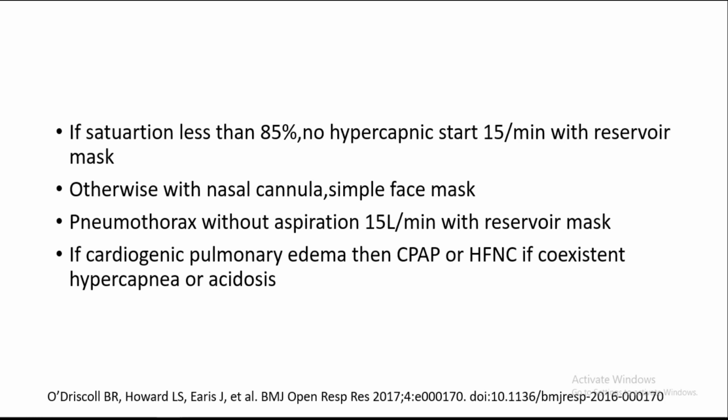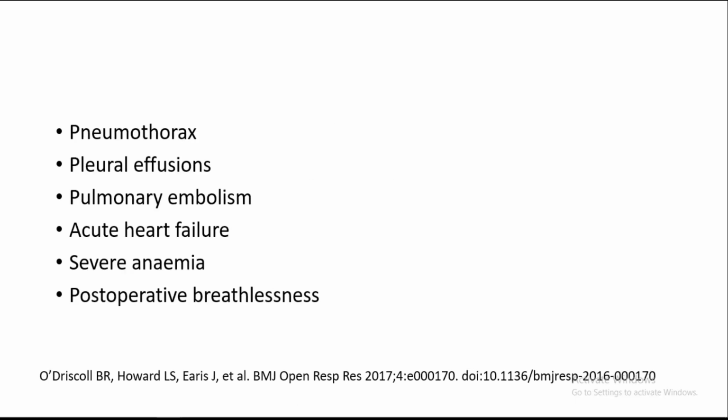If cardiogenic pulmonary edema, then continuous positive airway pressure ventilation or high flow nasal cannula is the choice, especially if coexistent with hypercapnia or acidosis. In pleural effusion, usually there is no need of oxygen therapy, but if the patient is hypoxic, you have to give oxygen and aspiration should be done.